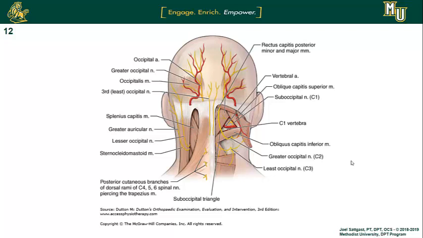Hopefully with this image you can see the orientation of the occipitalis as they relate to the greater occipital nerve and the occipital artery, which are common issues when dealing with cervical headaches or cervicogenic headaches. You can also recognize the orientation of splenius capitis, as well as start to see a little bit of sternocleidomastoid as well.